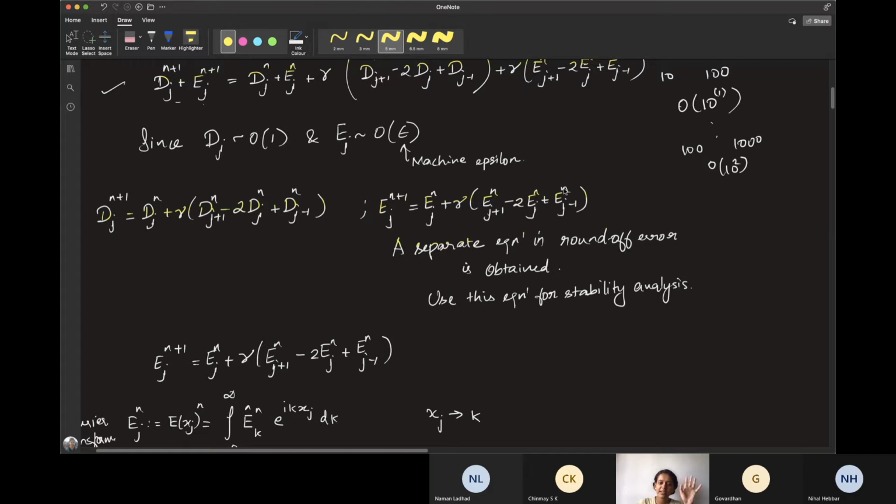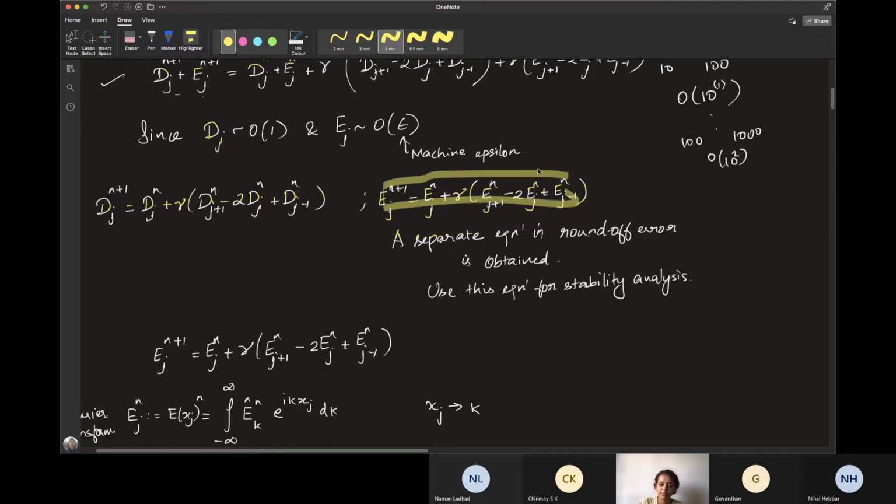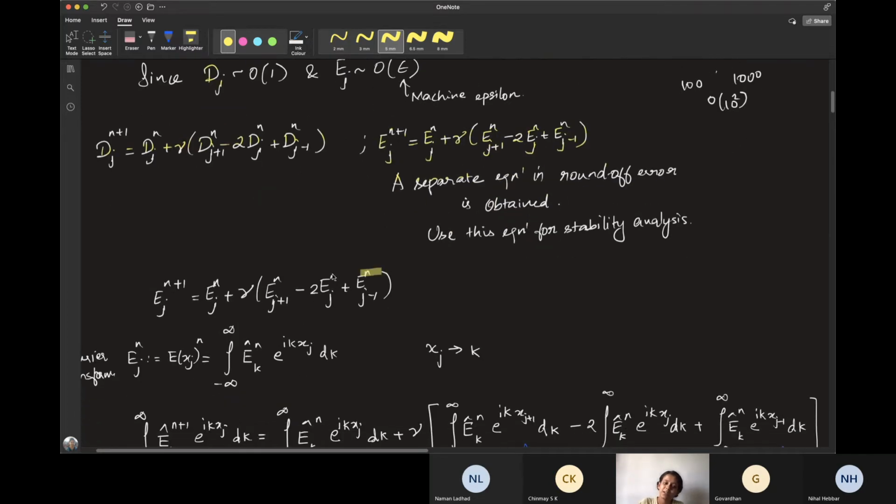The motto of stability is to see how error grows over time, so for that we require an error equation, right? For the linear case, it's possible for us to get a neat equation consisting of only error terms and not any terms of dj. So we have got a nice error equation. This is also possible only for linear cases.